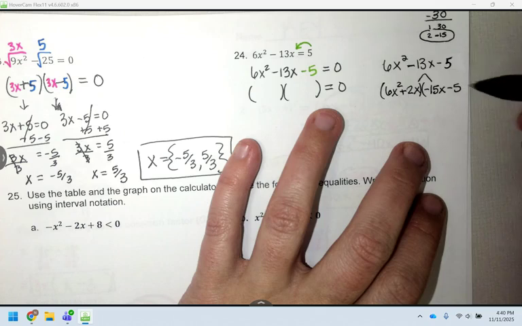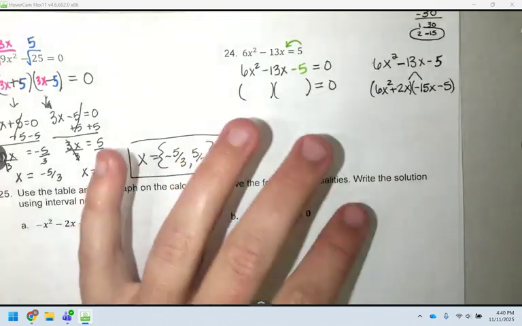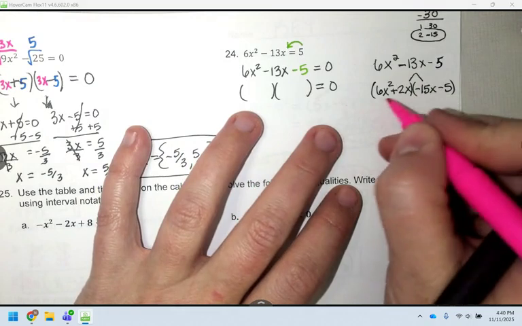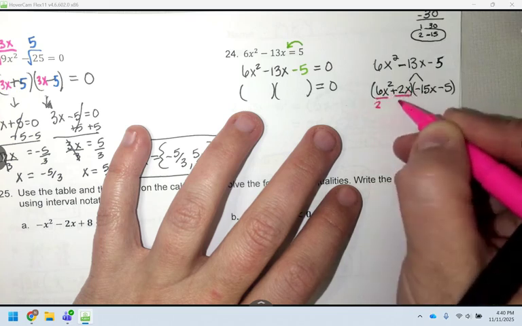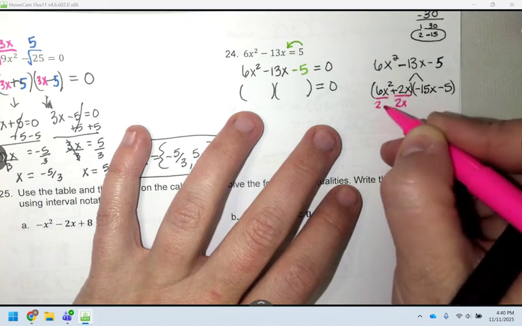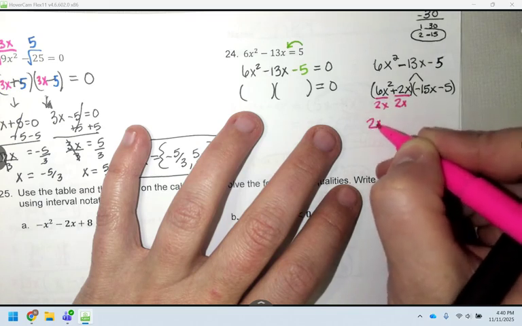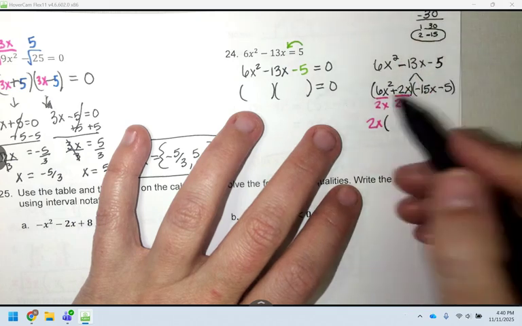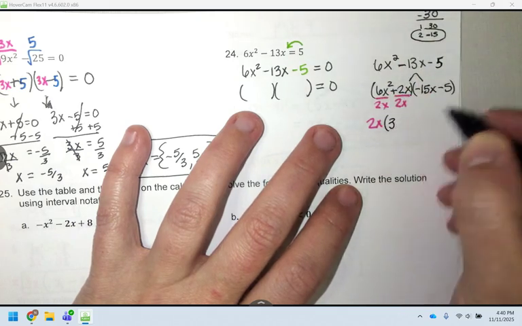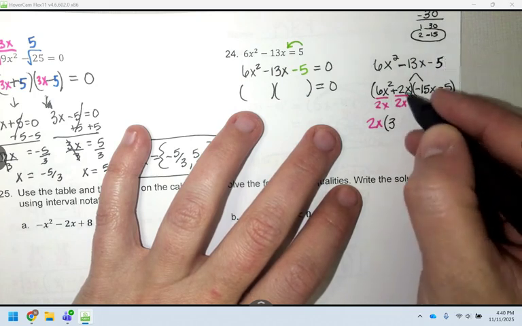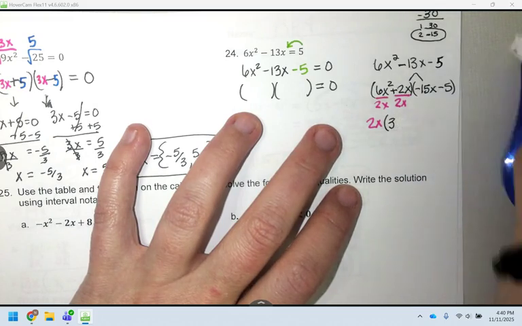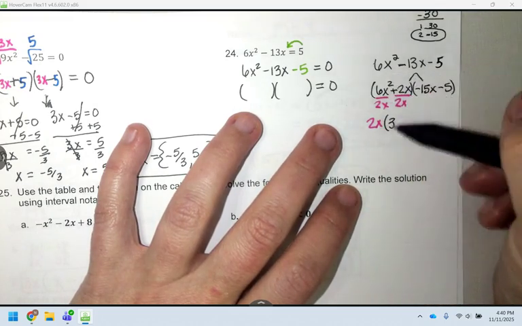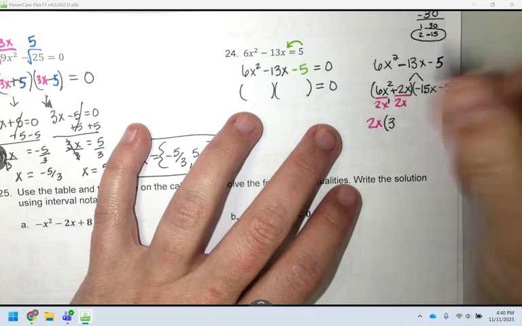Okay. Factor by grouping. What can I take out of both of these terms? They're both divisible by 2, and they both have an x. So if I was to take a 2x out, 6 divided by 2 is 3, x squared divided by x to the first is x.